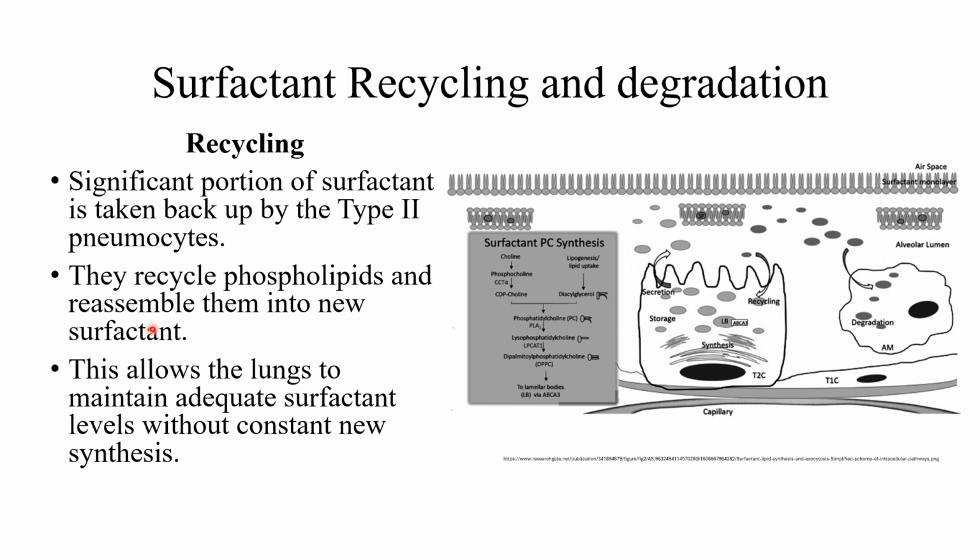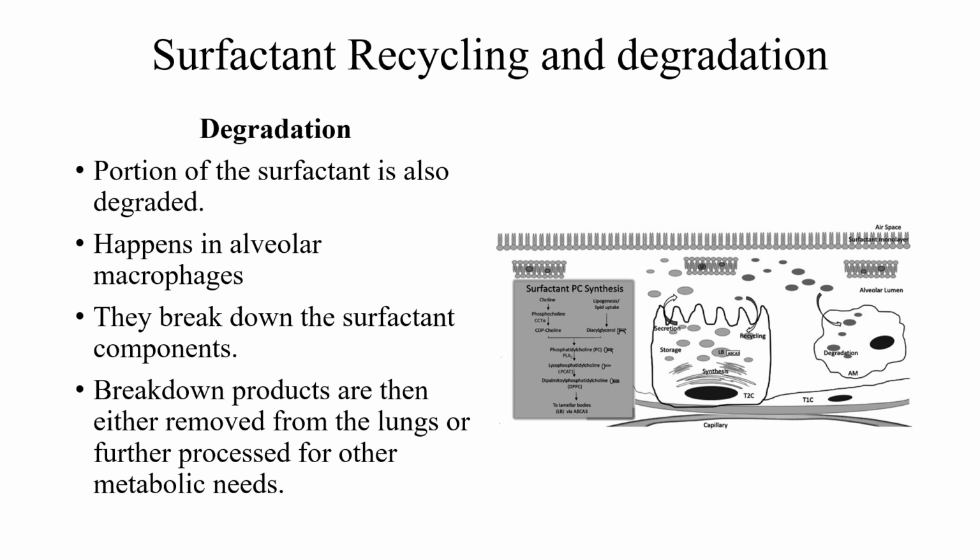So this process is very important because it prevents overaccumulation of surfactant. It allows the lungs to maintain an adequate level of surfactant, and also it reduces the cost of synthesis without constant renewal or constant synthesis of new molecules of choline, diacylglycerol, and those other things. However, some of the surfactant is degraded, and this is done by the very effective alveolar macrophages.